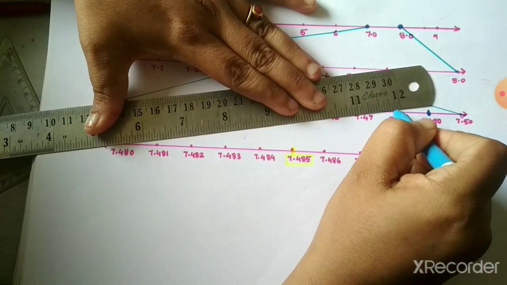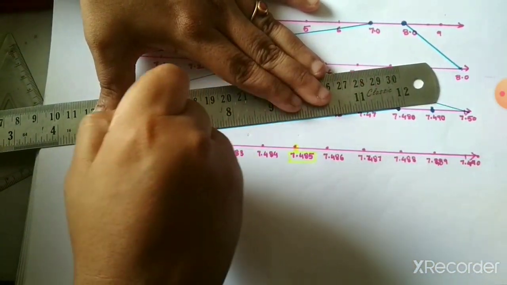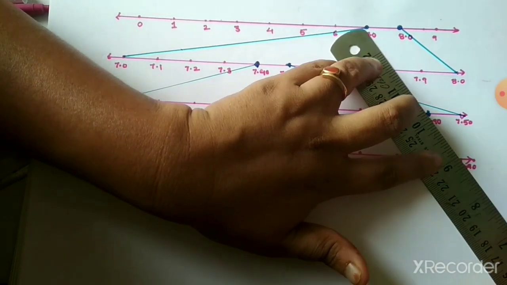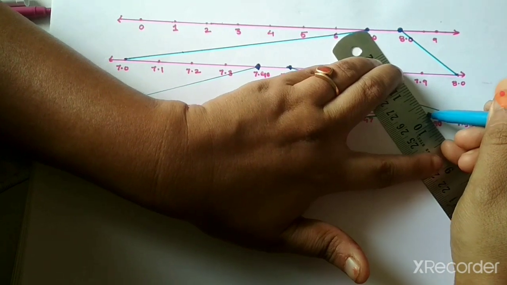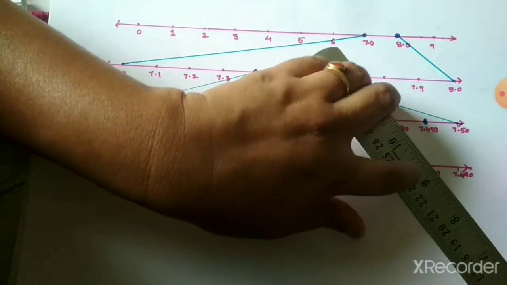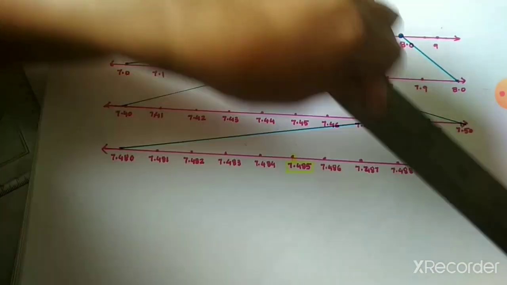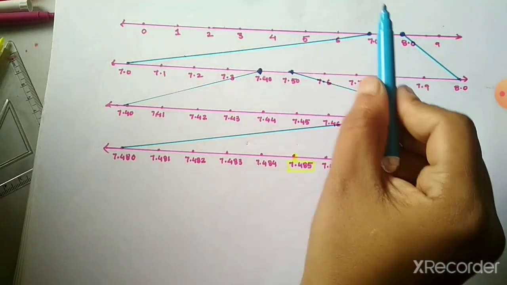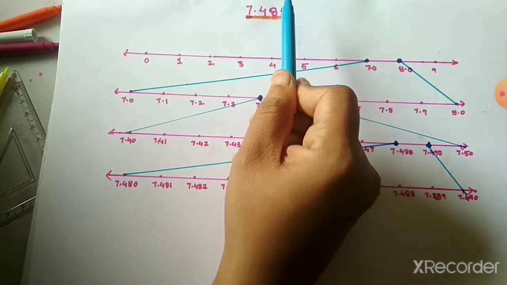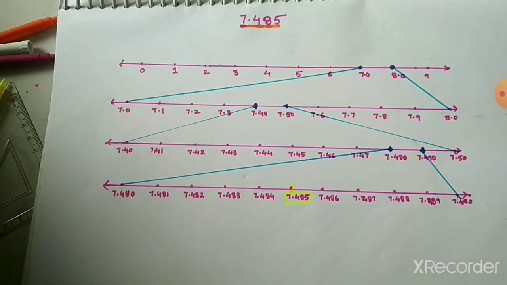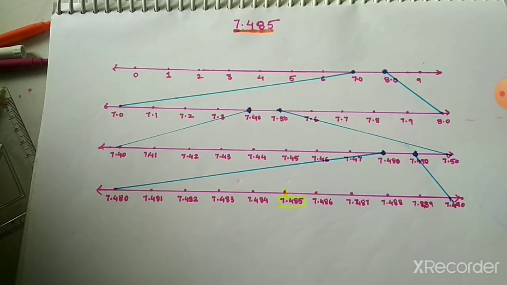So I am magnifying this distance to show it with the arrow. Just draw the lines and magnify this distance, and this way we can show any decimal number with 3 decimal places, 4 decimal places by using successive magnification.